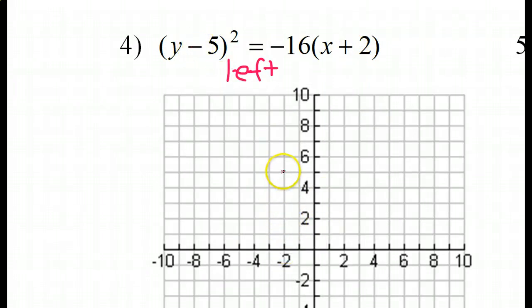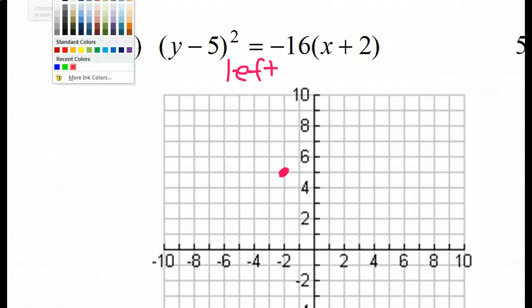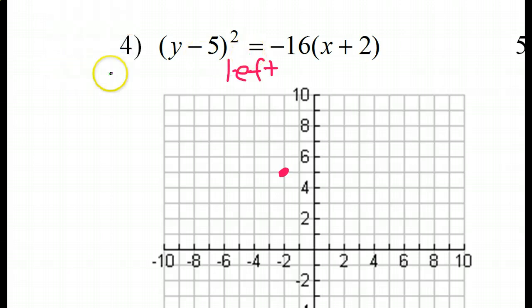All right, next I need that p-value. Well, guys, I knew that 4p is equal to this -16. So if I divide by 4, that gives me p is equal to -4. That tells me where to put the focus. Now, remember I said left. So this tells me to go 4 to the left. 1, 2, 3, 4.